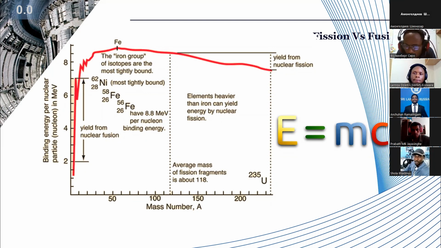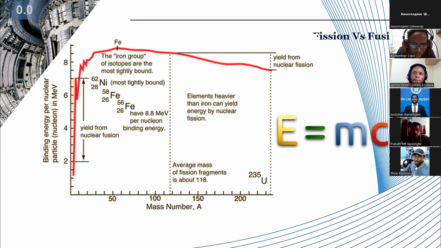So in thermonuclear fusion, we are mainly concerned with the left section of the curve constituting light nuclides, one of them being helium, and also tritium and deuterium, which are isotopes of hydrogen.